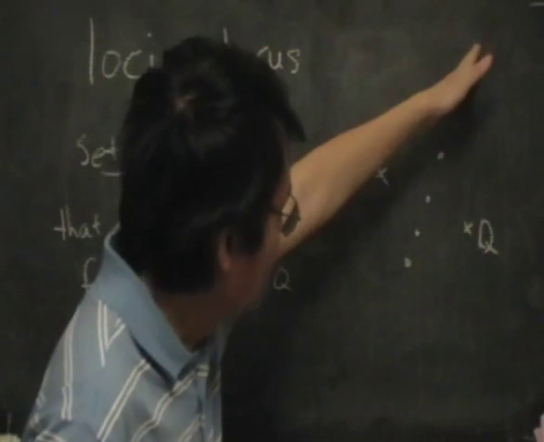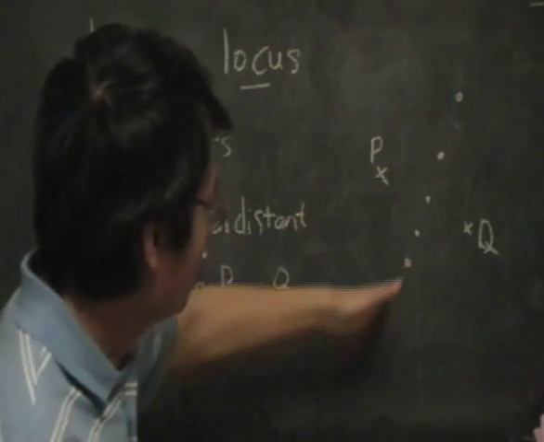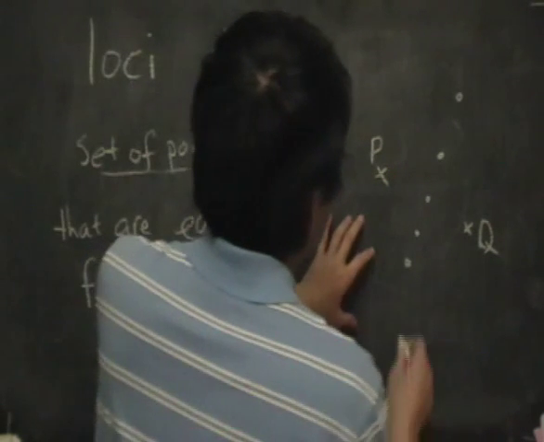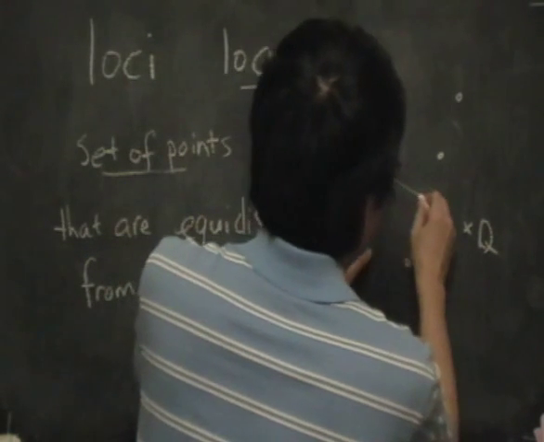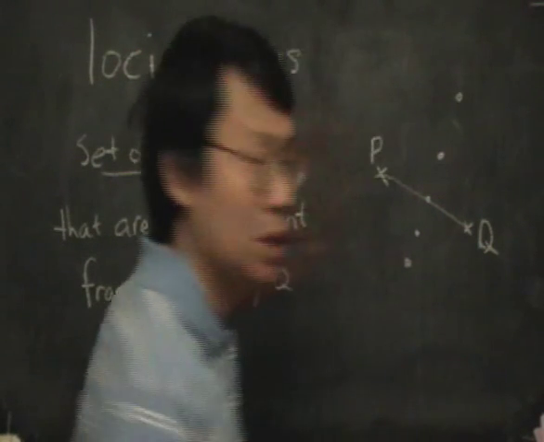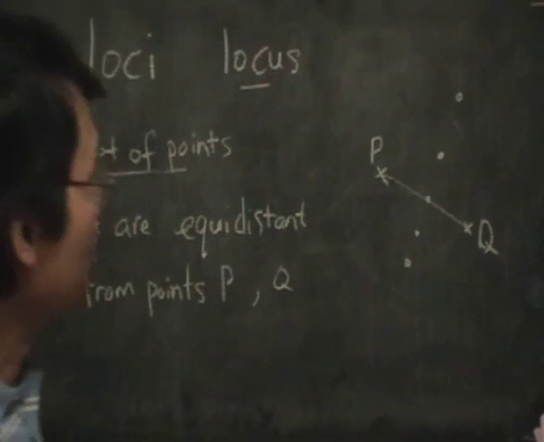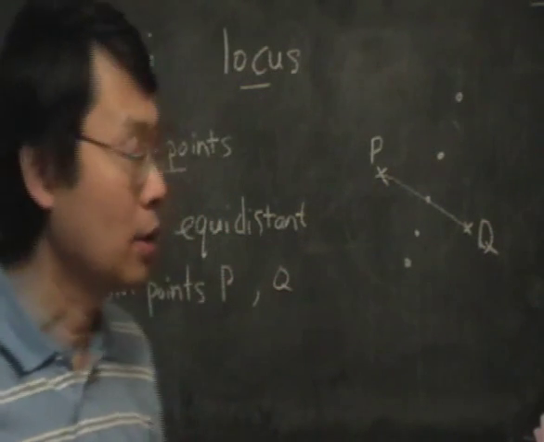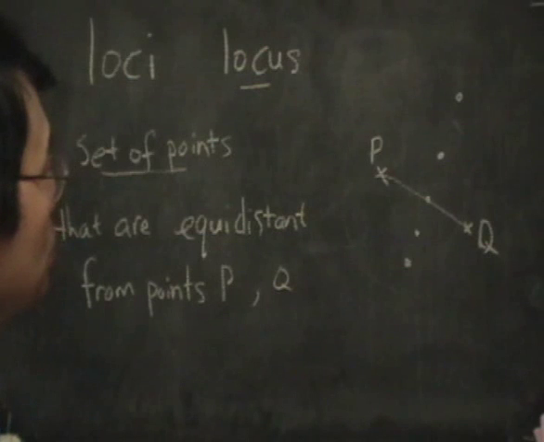In fact, this line, right, is actually the perpendicular bisector of the line PQ. Now we've learned that in construction.